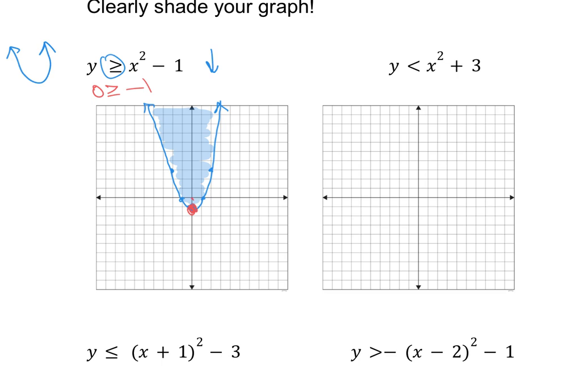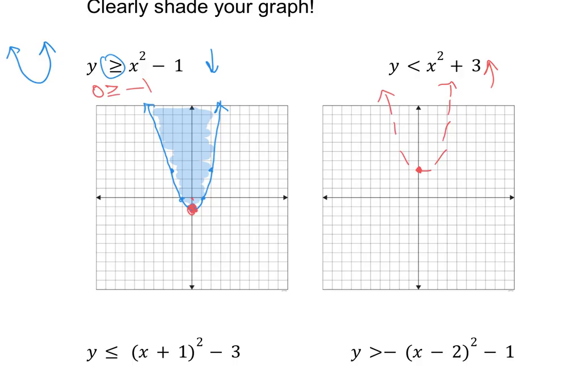Okay, let's do this next one here, where it's just a parabola, and it is shifted up 3 units. So we do 1, 2, 3, and we would have a dashed line. So we're just going to do a basic sketch of that parabola for right now. It's not the best dashed line I've ever done, but it is less than, so it's going to be dashed.